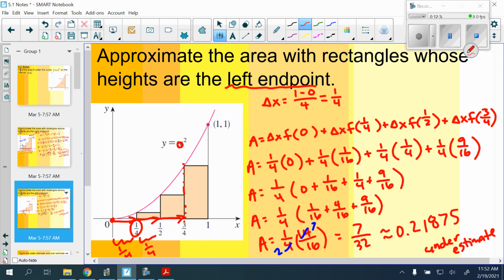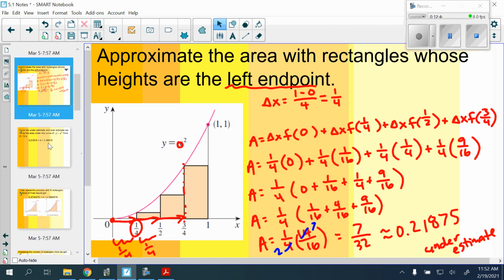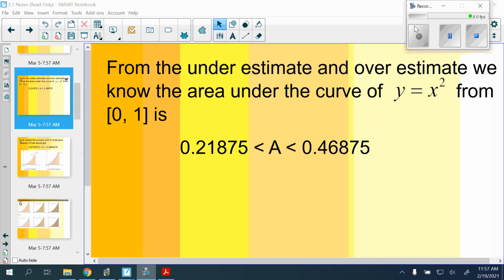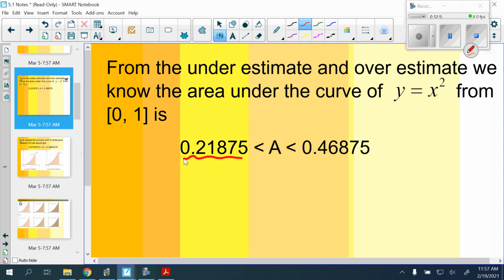All right, so what we've figured out now is a range of values. The two values we got with the left endpoints and the right endpoints, we've now narrowed the area somewhere between these two values. So it's somewhere in that range.